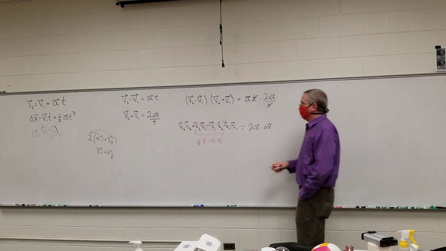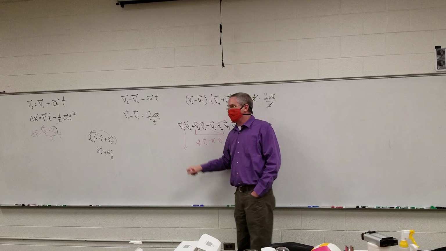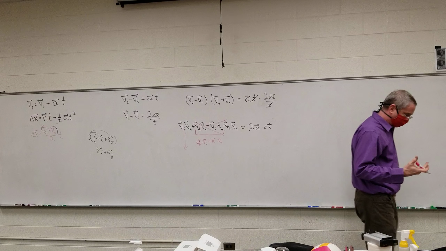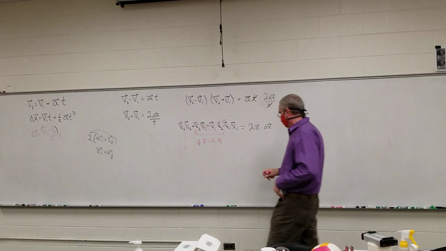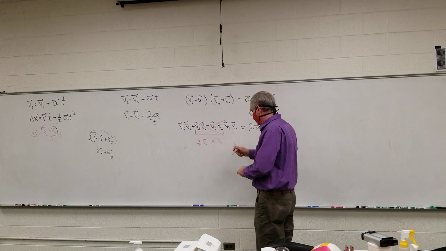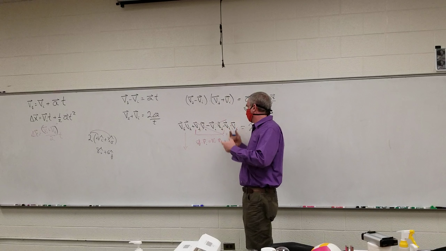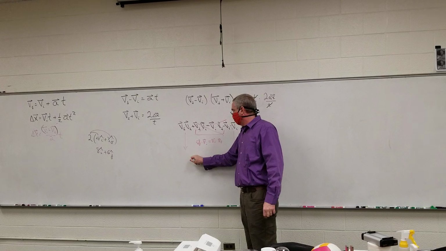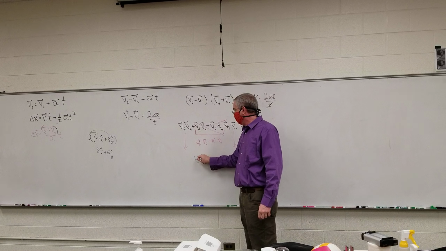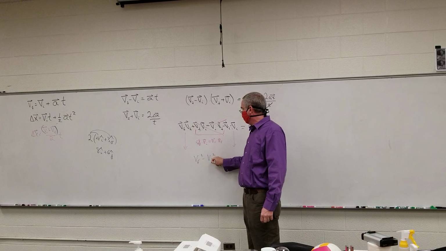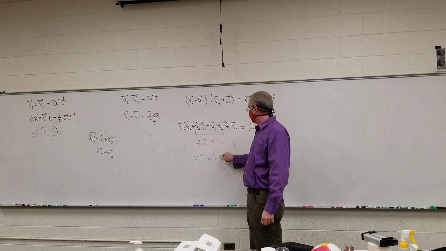And so now we're left with VF dot VF, which simplifies to VF squared, and negative VI dot VI, with the minus sign in front there, negative VI squared. So I'm left with VF squared minus VI squared is equal to 2A dot delta X.